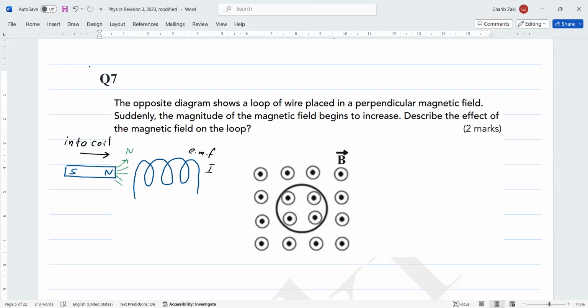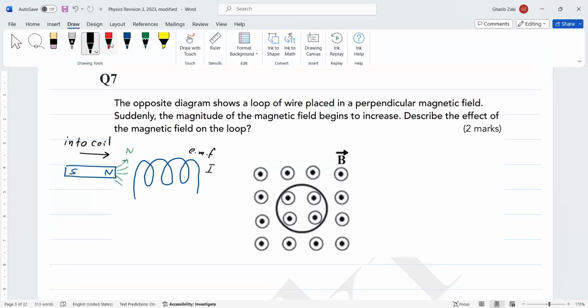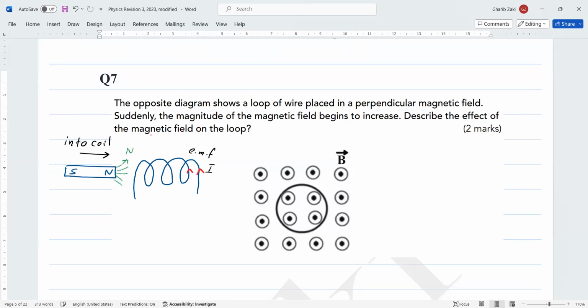This current makes the coil act as a magnet. So this is the direction of the induced current. Now, a coil or solenoid that has a current will be a magnet. Then we have here an electromagnet. It is a temporary magnet. So this is north.